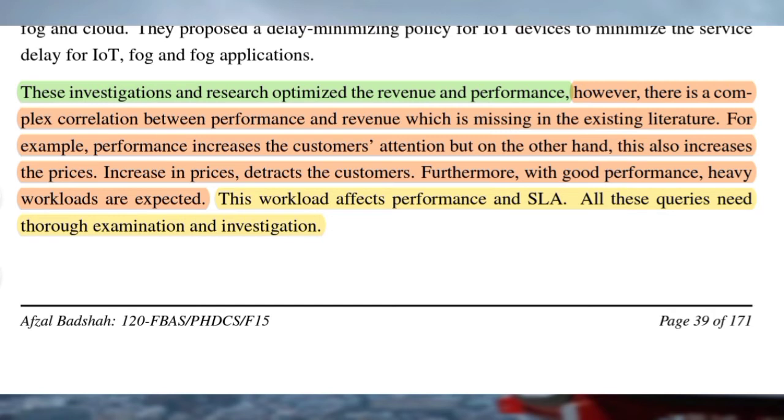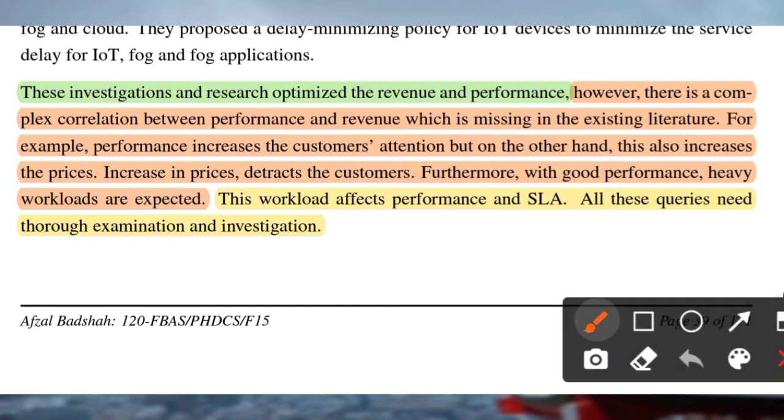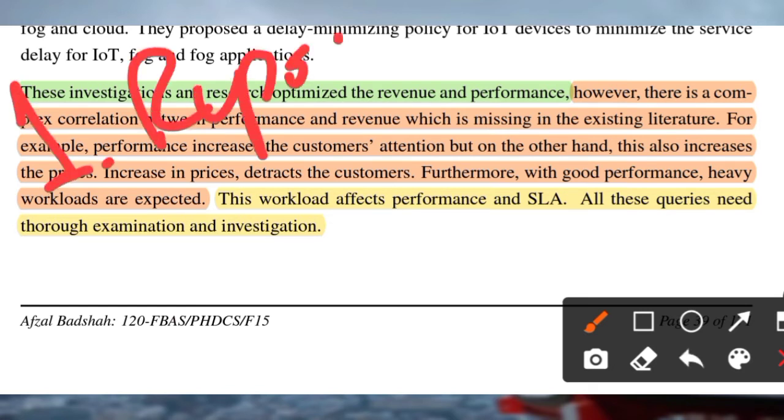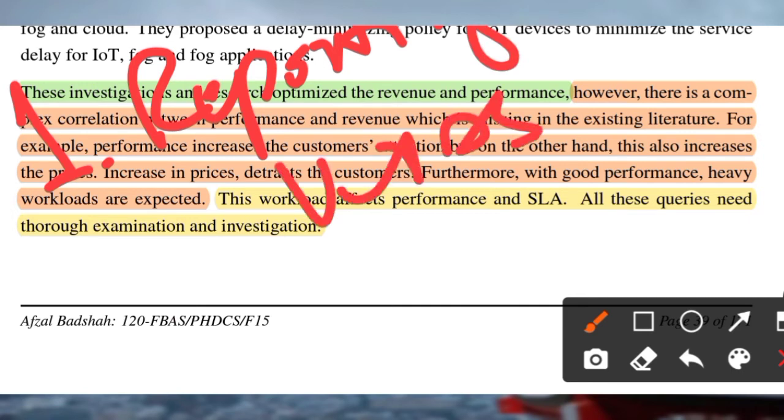There is one important point which you have to know, which I think is very important: reporting verbs in the literature. Reporting verbs are very important, because with these reporting verbs you are going to report the literature. There are different words.